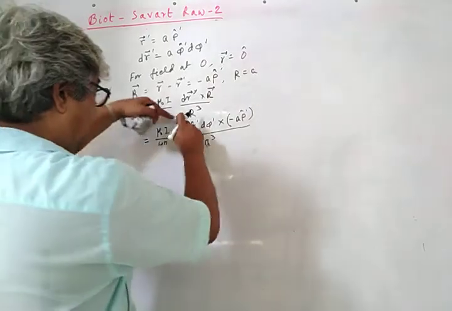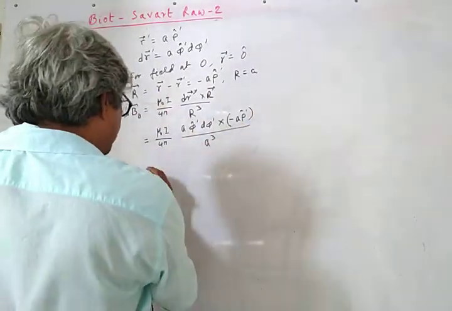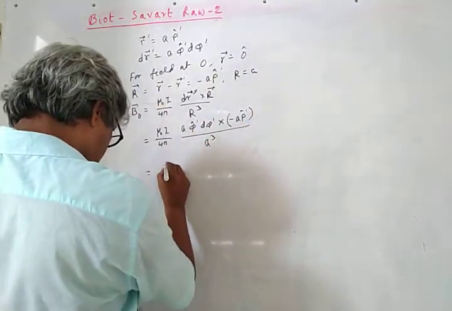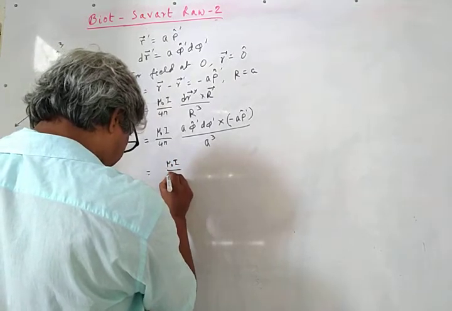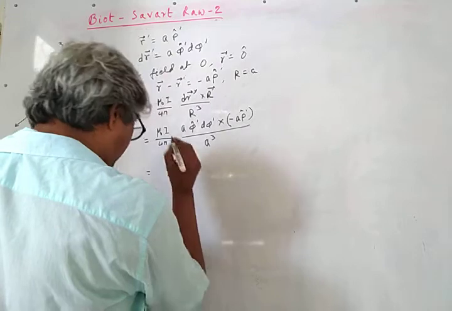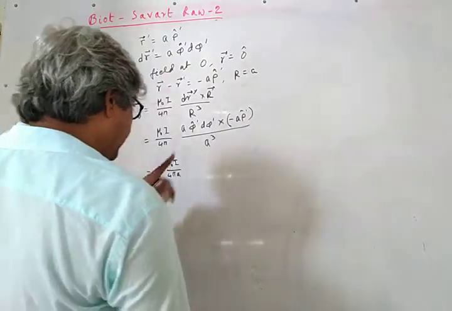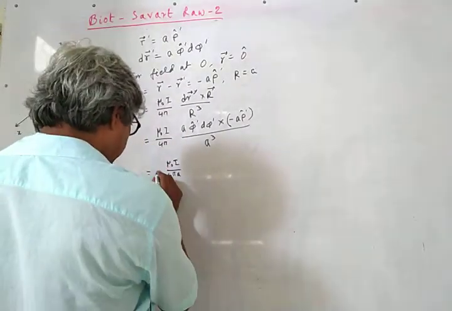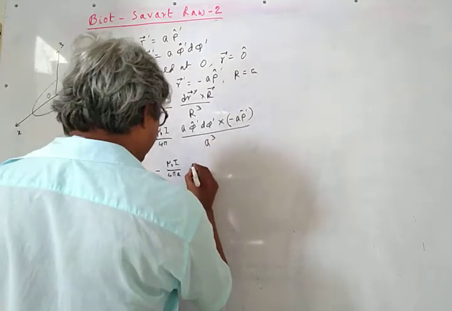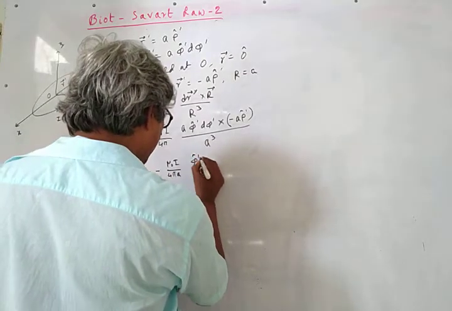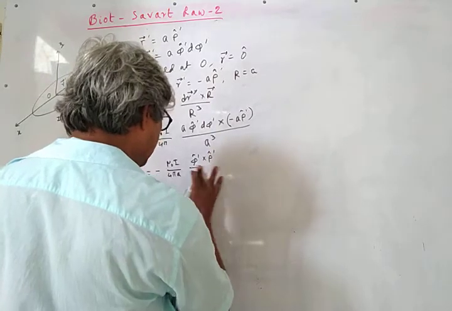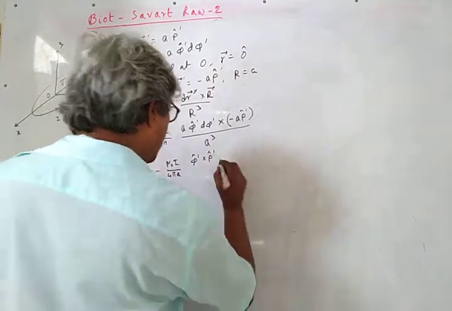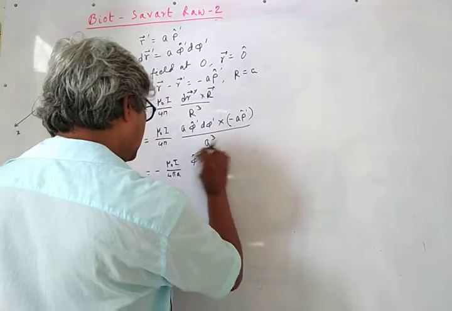Now there are a and there is a cube, so this gets cancelled. Mu 0 I upon 4 pi a, and then the minus sign and the vector is phi cap cross rho cap times d phi.